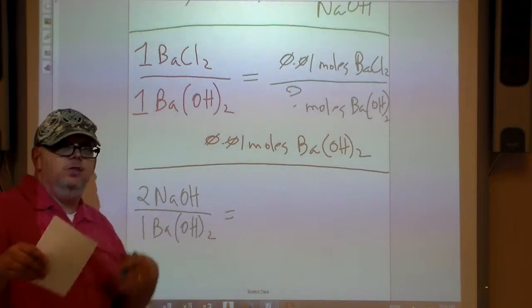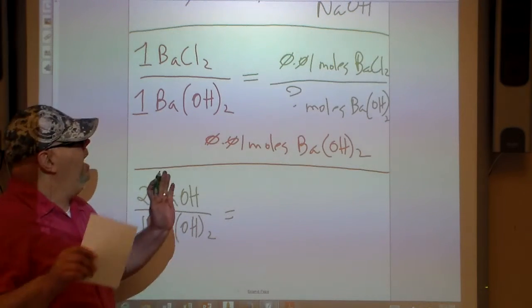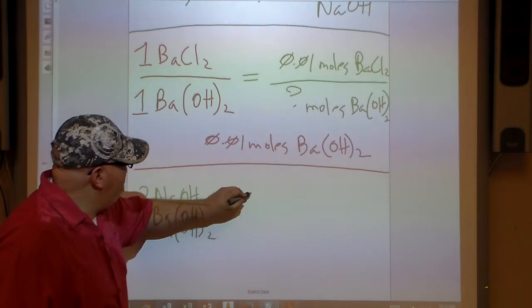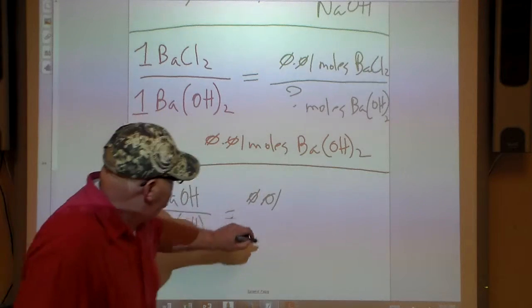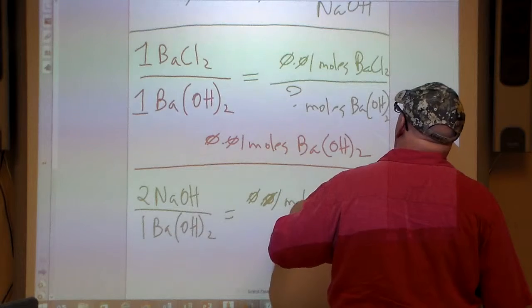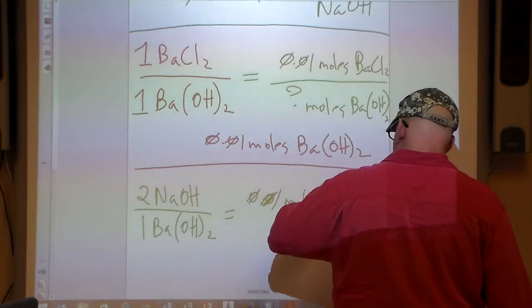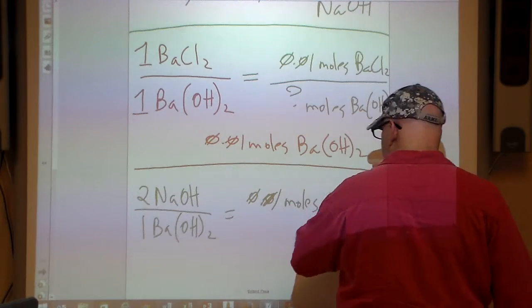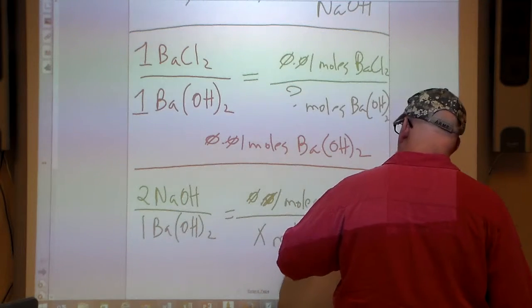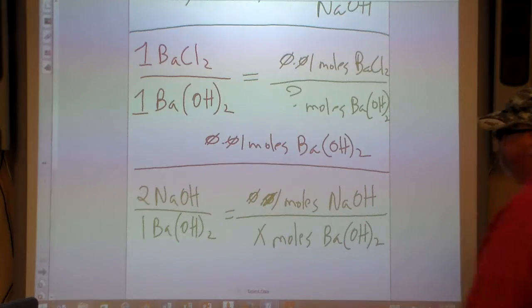Based on those earlier calculations, and hopefully you've been writing this down on paper, we have 0.01 moles of NaOH over X moles of Ba(OH)2.